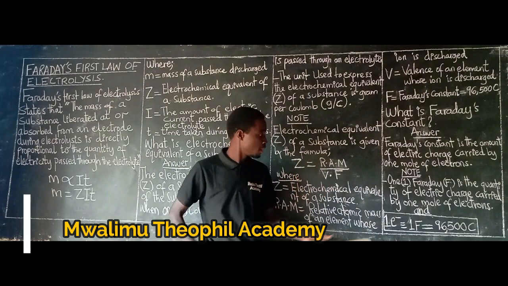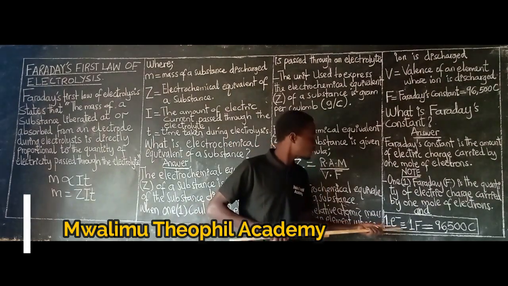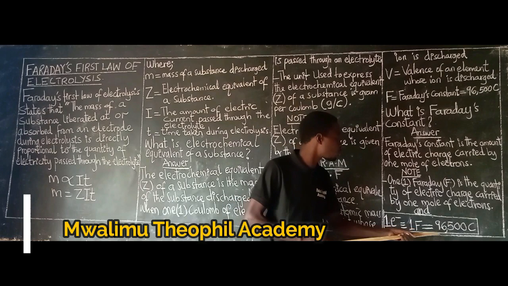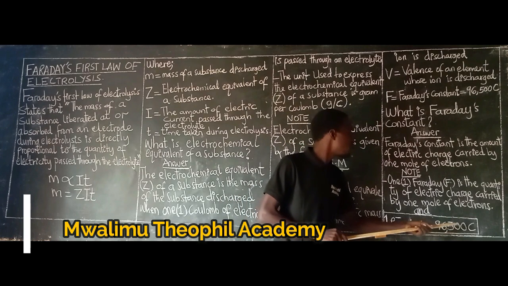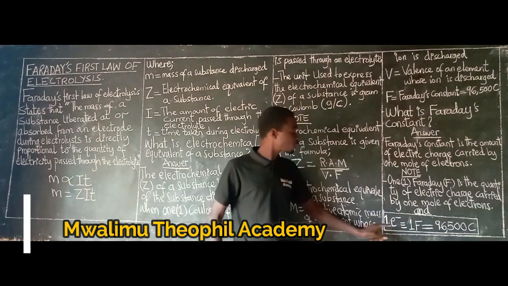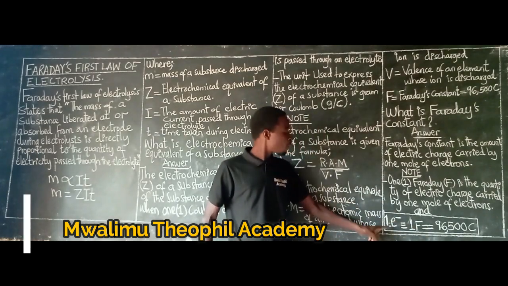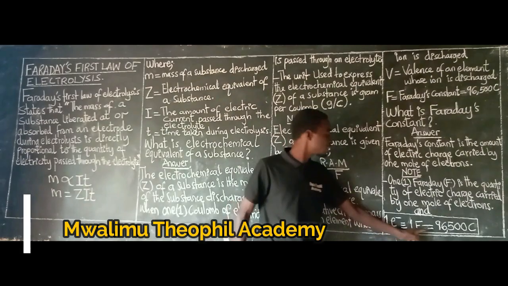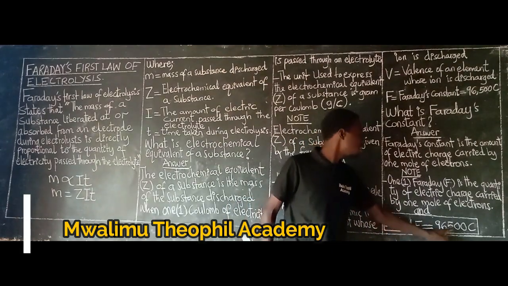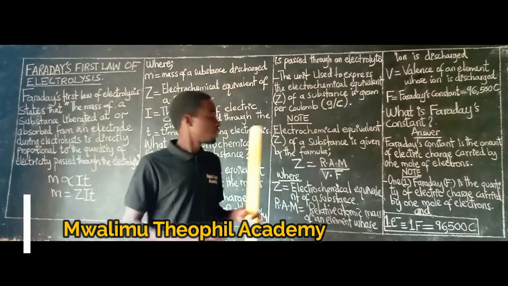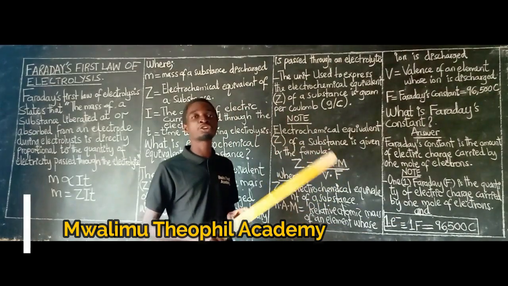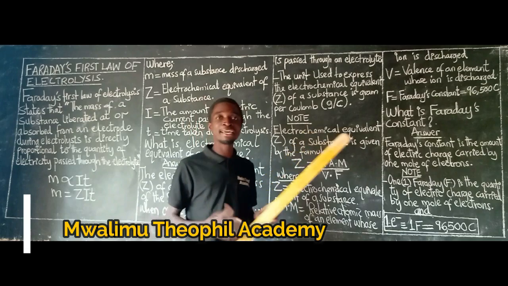That is to say, 1 mole of electrons is equivalent to 1 Faraday, and 1 Faraday is equal to 96,500 coulombs. After this, let us see the way we can calculate the electrochemical equivalents of various elements.